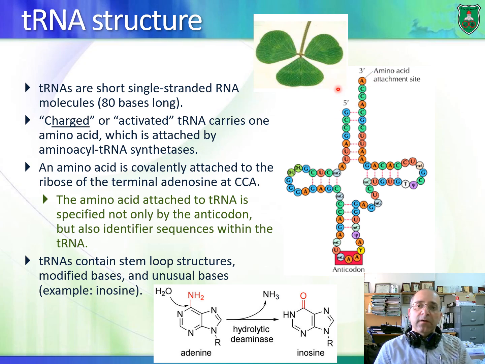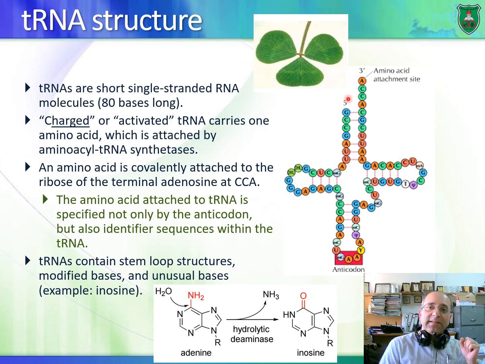Now, there is a consensus sequence at the 3' end of the tRNA molecule, and it is CCA. Now, to the A, you have amino acids attached to the A of tRNA molecules. Now, this tRNA molecule that has an amino acid attached to it is known as a charged tRNA. Otherwise, it's called uncharged.